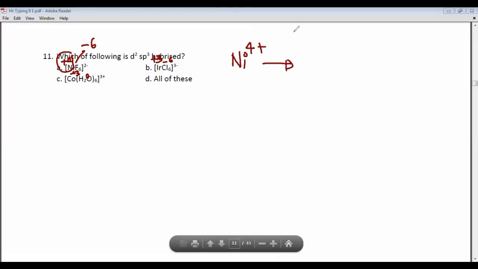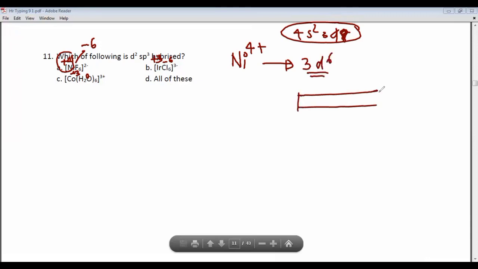Nickel plus 4. Normal nickel is 4s2 3d8. So when it is in plus 4, it becomes 3d6. And normally, our expectation is 3d6 is like this. Okay. But we are considering the crystal field theory also.